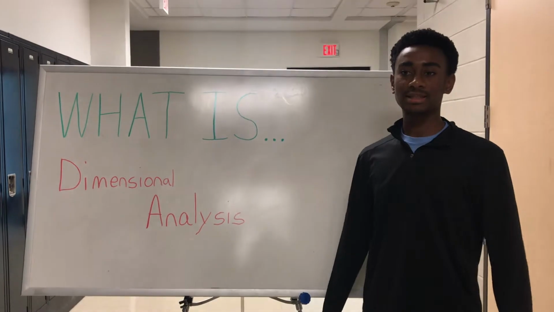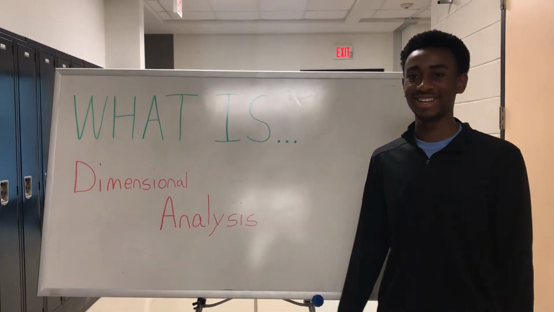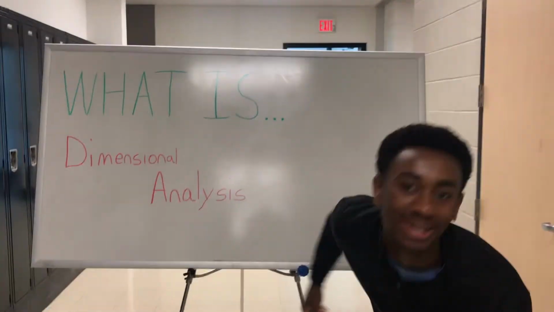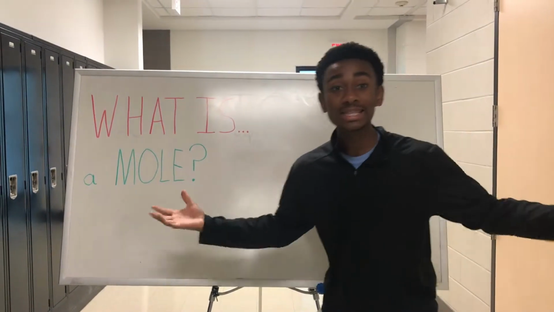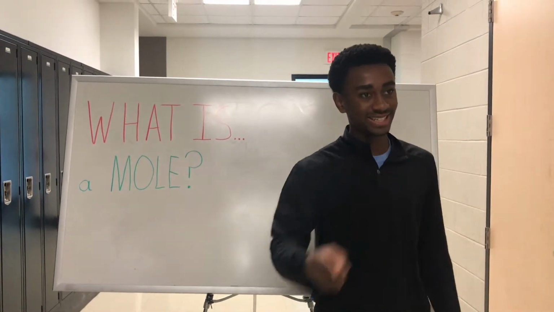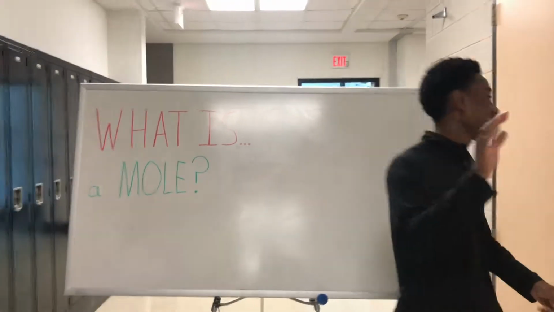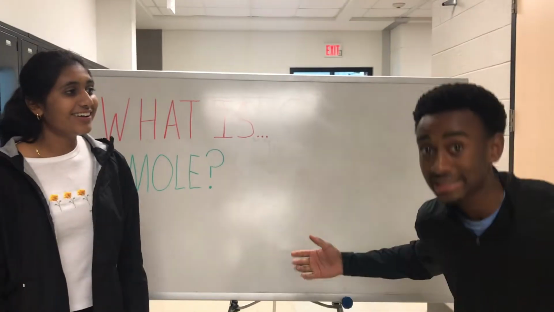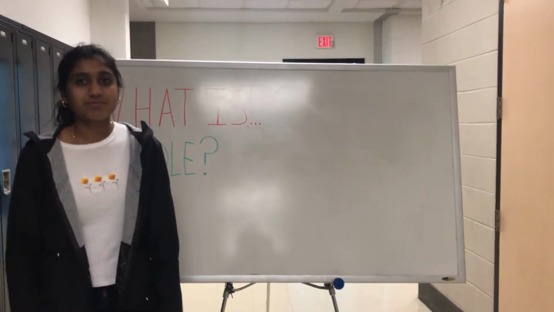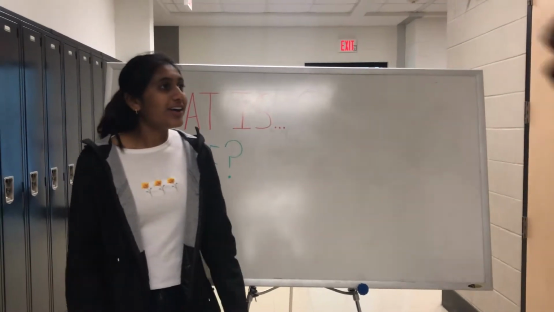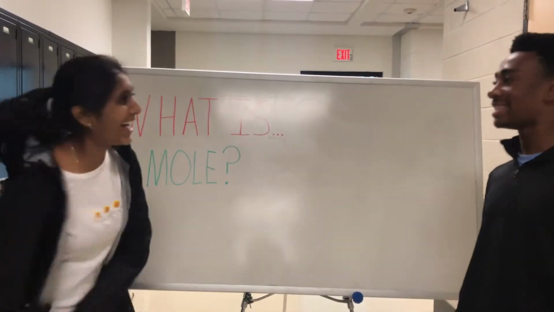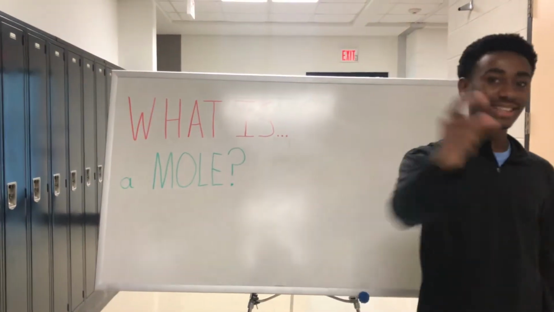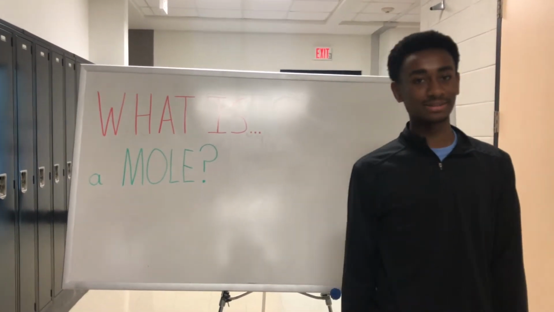Dimensional analysis is the technique problem solving. What is a mole? I'm glad you asked. Let me tell you. Thanks, Nikila. I'm glad you asked. Let me tell you what a mole is. Okay, stop.